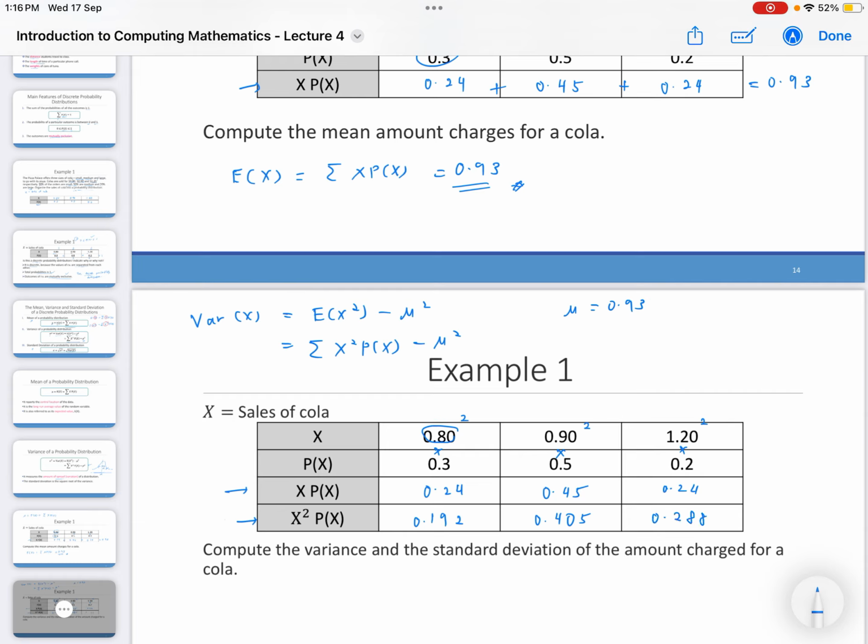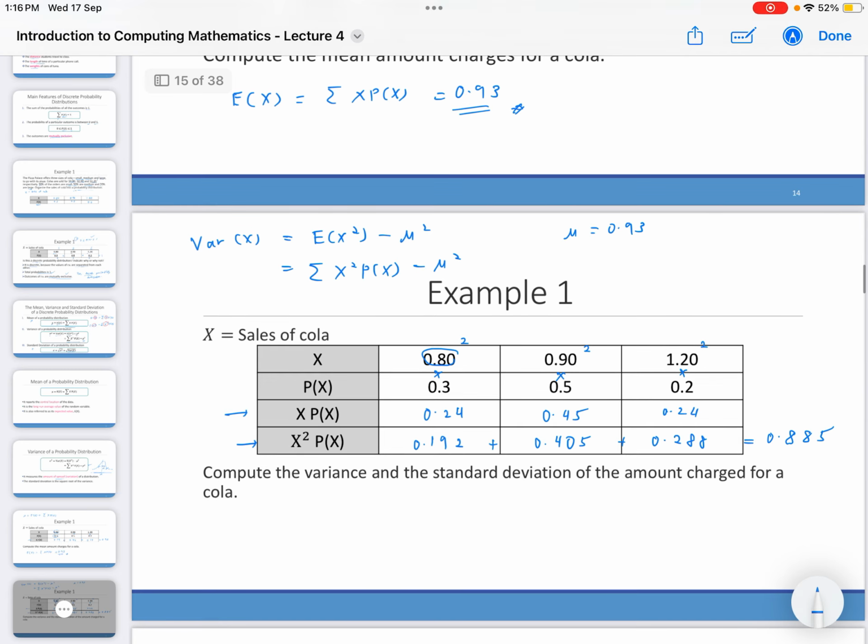So again, we sum everything here. The sum here equals 0.885. So now, once we have done calculating this, we can use the formula to get the variance.